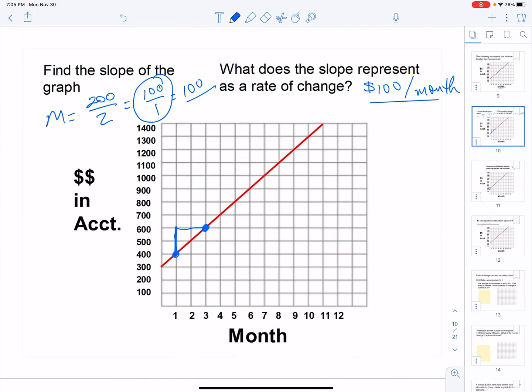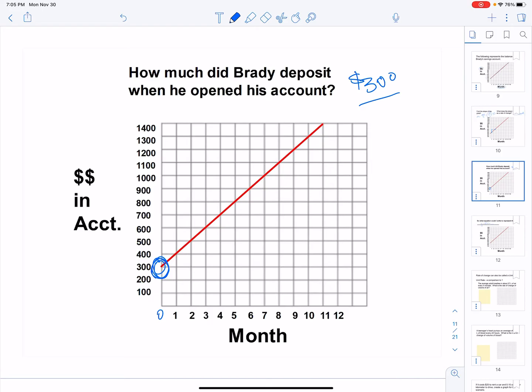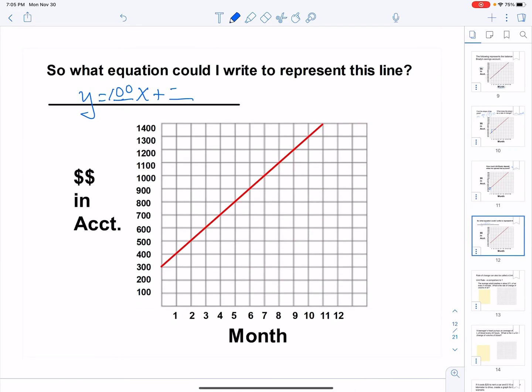Our slope was 100, so I could put the 100 here. And our y-intercept was 300, so we could put the 300 right here. So this is the equation that would make this line. And that's what we're talking about by slope as a rate of change, dealing with a scenario, and that's what we want to be able to understand.